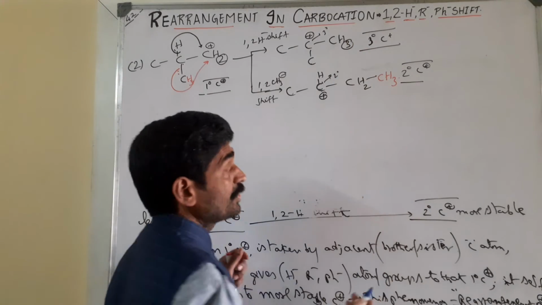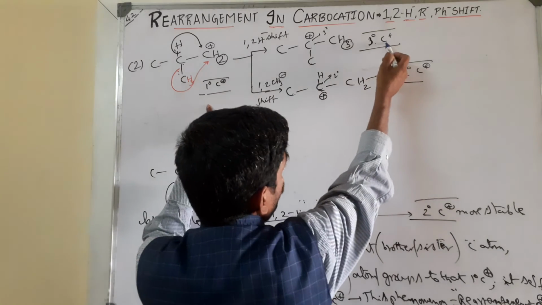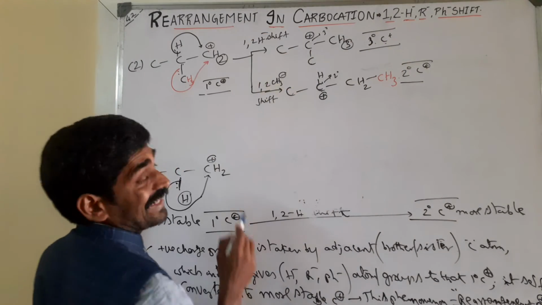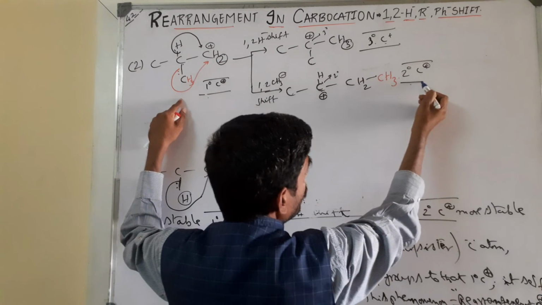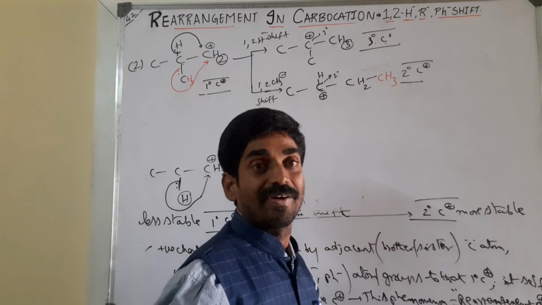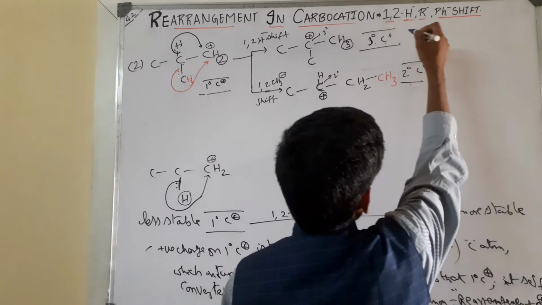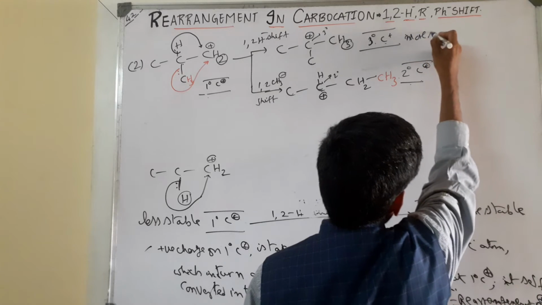So which is more stable? Here the primary carbocation is converted into a tertiary carbocation by the shifting of hydrogen. Here the primary carbocation becomes a secondary carbocation by the shifting of the methyl group. Then which shift takes place? Tell me now. The hydride shift, because it gives the more stable carbocation.